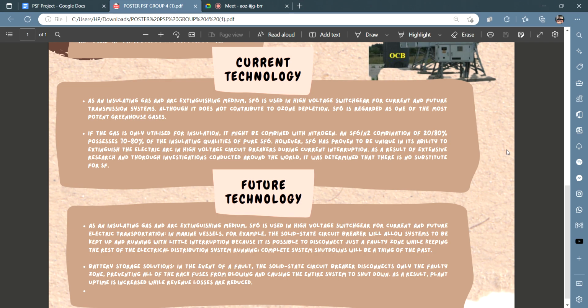For future technology, as an insulating gas and arc extinguishing medium, SF6 is used in high voltage switchgear for current and future electric transportation. In marine vessels, for example, the solid state circuit breaker will allow the system to be kept up and running with little interruption, because it's possible to disconnect just a faulty zone while keeping the rest of the electrical distribution system running.